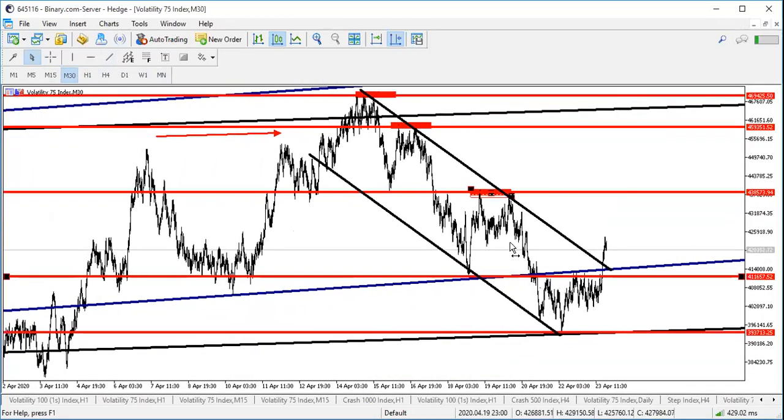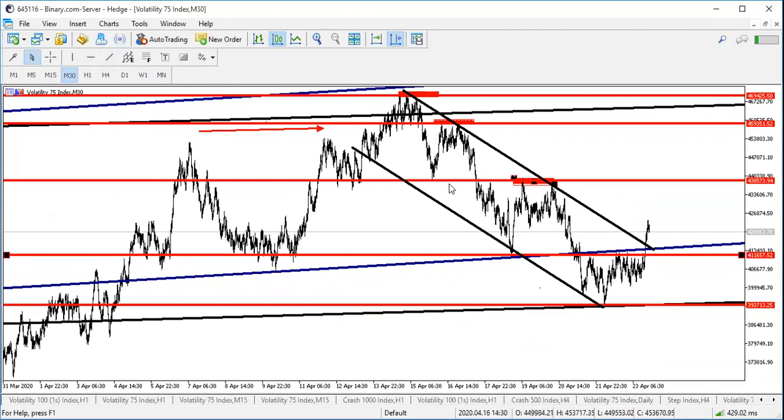Whenever you see a channel like this one, this is your pole, from this point up to this one. Then they start to retrace, accumulating more orders. This one is a break. They gave us a break, so we're anticipating a retest, then we move forward.